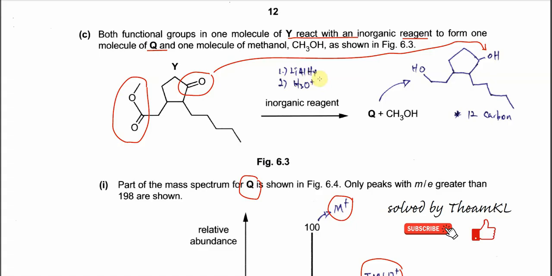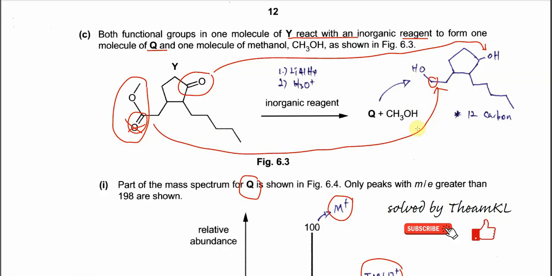So how does it react? First, this carbonyl group, the oxygen must be removed because it's a reduction. The oxygen must be removed, and after that, 2 hydrogens are added. So it will form this CH2. From this carbonyl, it forms this CH2.